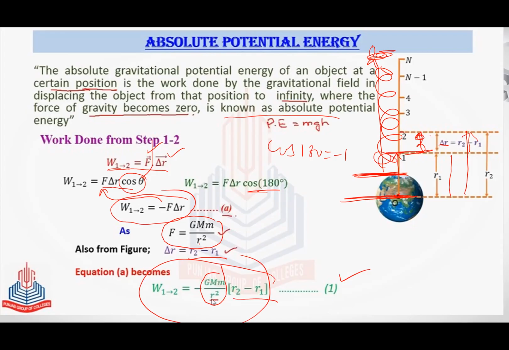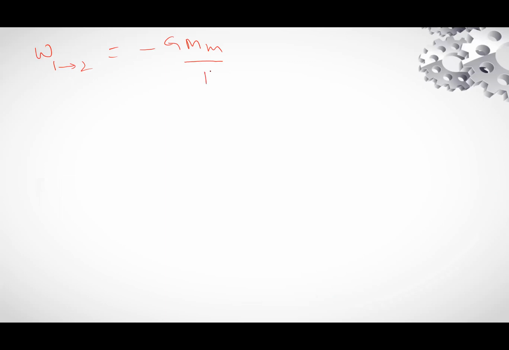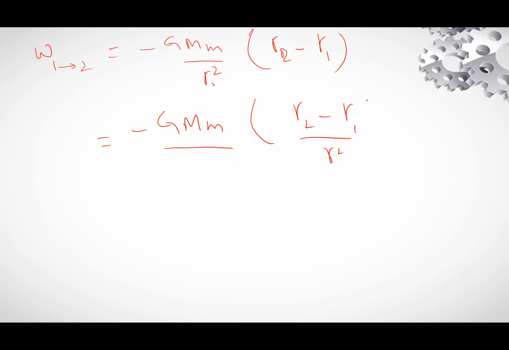Work from first point to second point is equal to minus G M m divided by r square into r2 minus r1.